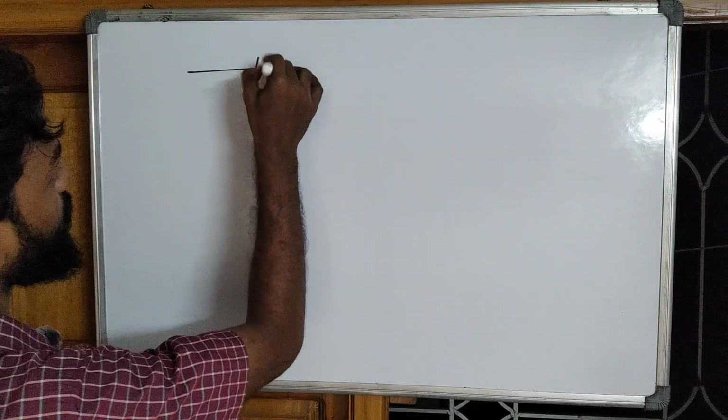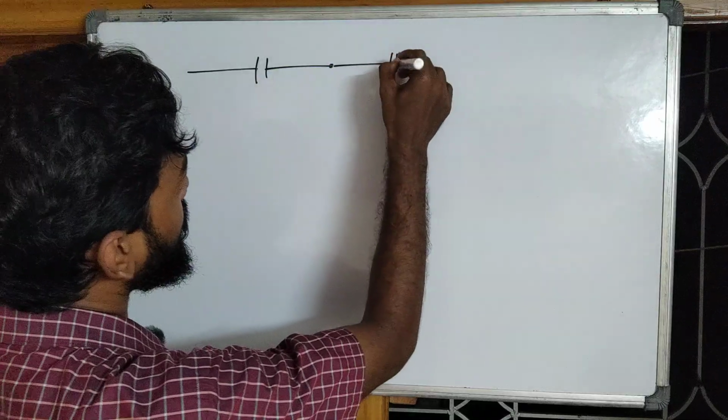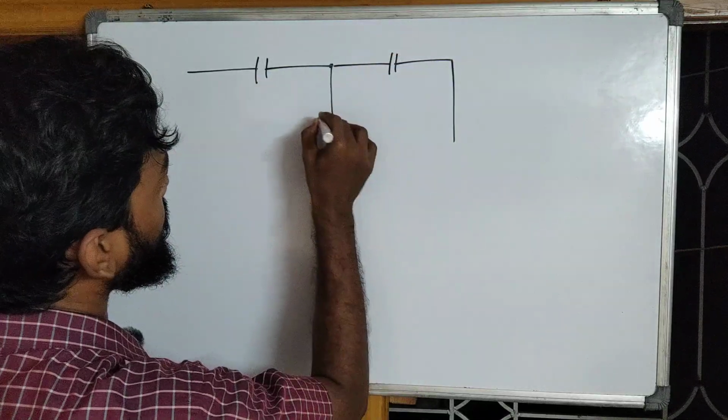The problem says three capacitors C1, C2 and C3 are connected to a 6-volt battery. This is C1, this is C2 and this is C3.